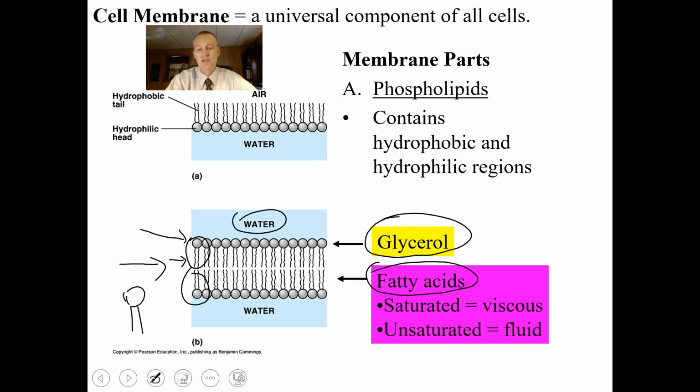Now those fatty acids can be saturated or unsaturated. Saturated fatty acids, remember, don't have any double bonds, and this makes a very viscous, that is a slow-moving, type of cell membrane. Unsaturated fatty acids, though, do have double bonds. They have kinks in them, and they make the cell membrane a lot more fluid.